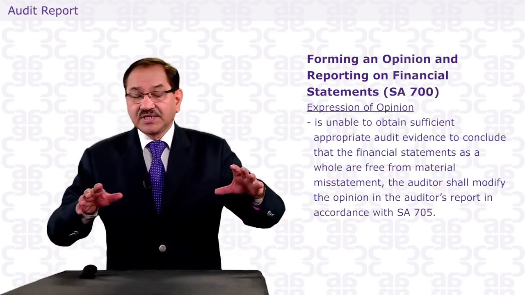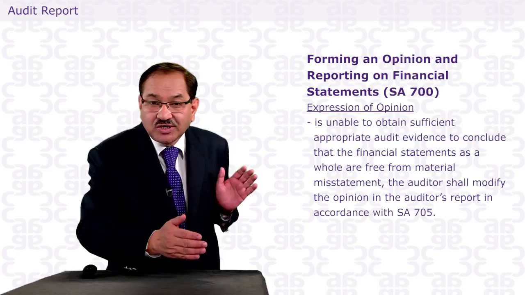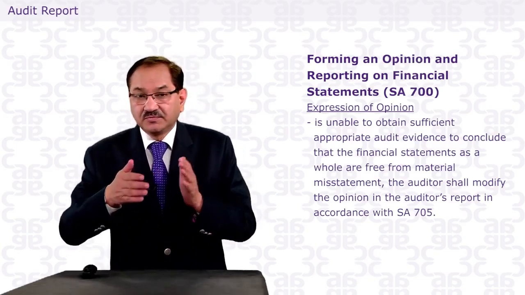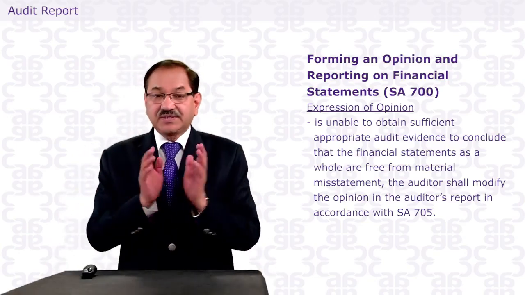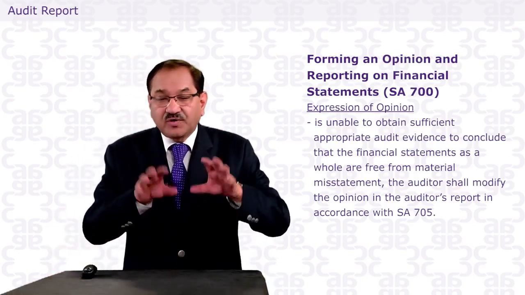And if he is unable to do it because, after following the total audit process, planning, field work, and whatever audit evidence you collect during that planning and field work, the auditor is of the opinion that he can't express the unmodified opinion.